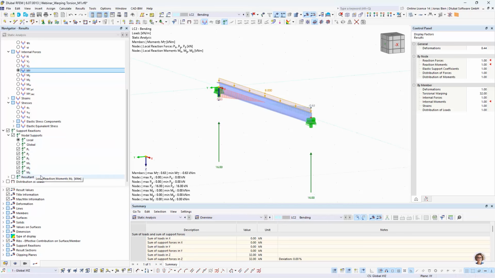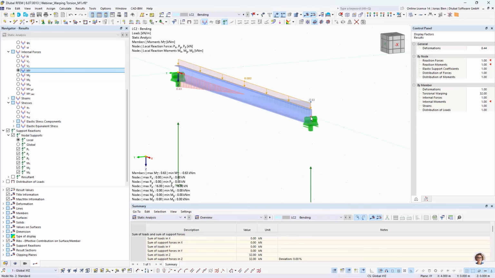That here in this case it would be My, so rotation about the global y-axis or torsional moment about the y-axis, because with respect to where this nodal support is sitting, it's also sitting in the center of gravity of this section. It has no lever arm.